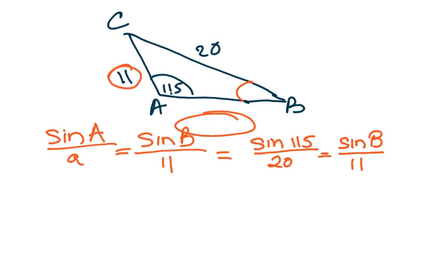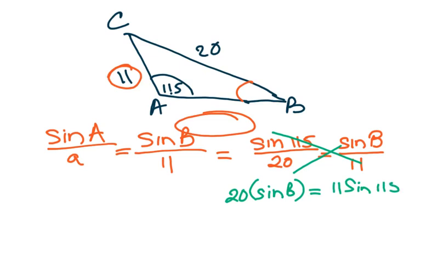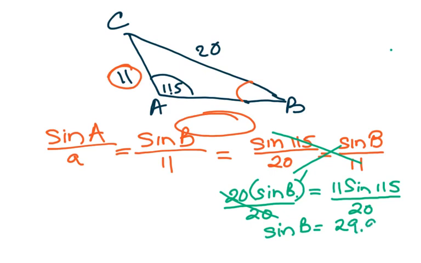Now we're just going to do our cross multiplication like this. So 20 times the sine of B equals 11 times the sine of 115. Now, I want to know what B is. And when you finish solving that, angle B is 29.9 degrees.